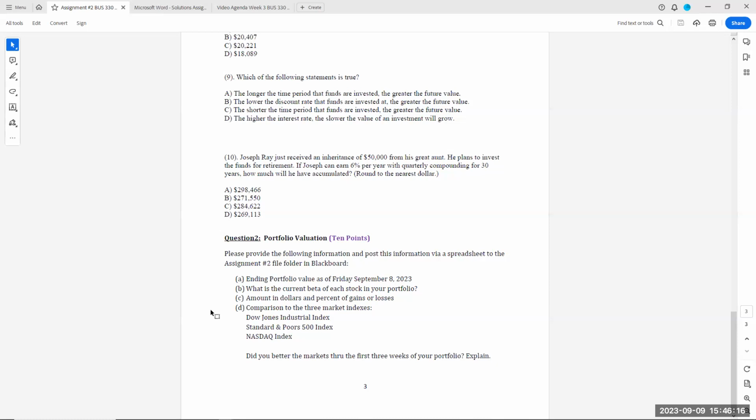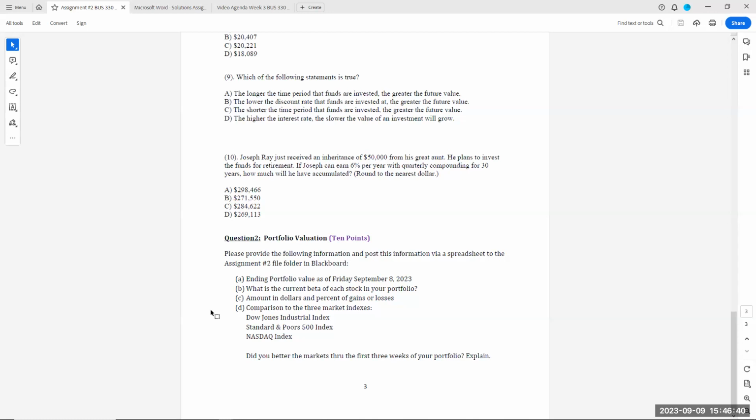And then a couple of key things: tell me how they have changed your portfolio from way back on August 25th to today. How has it changed in dollars and percent from the original buy? And how has the Dow, the S&P 500, and the NASDAQ changed from the original start date? That will give you the answer of did you better the markets.